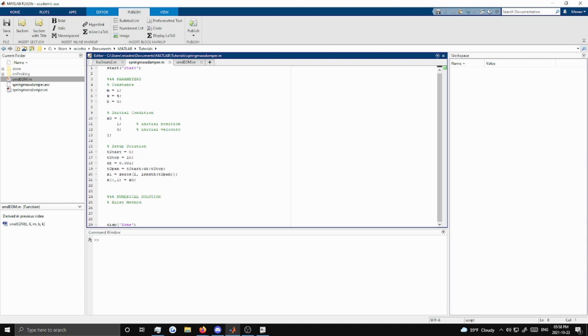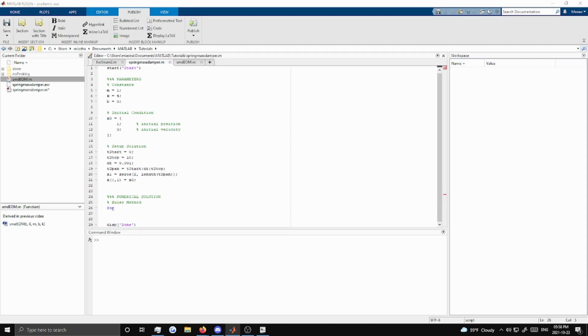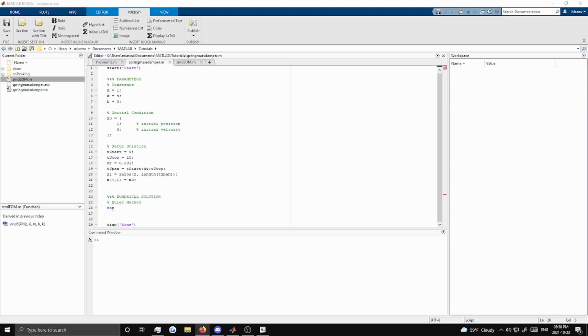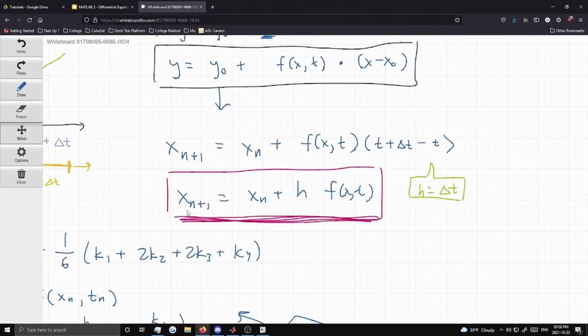Anyway, we've defined our equations of motion. Now we just need to solve them. Solving them is not very difficult, right? So in Euler's Method, let me pull up the thing. Okay, here we have our Euler's Method. As you can see, it uses an index of n plus 1.